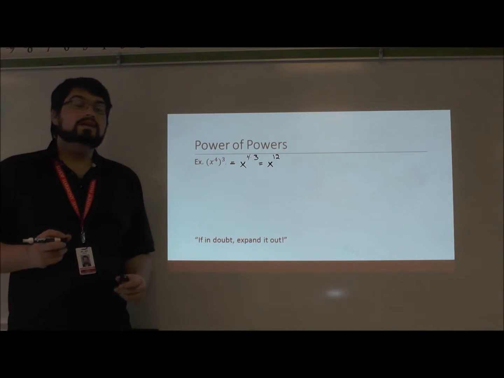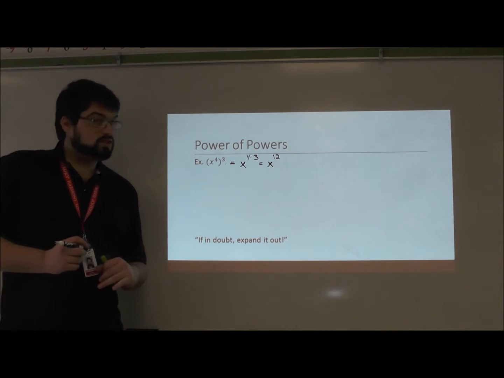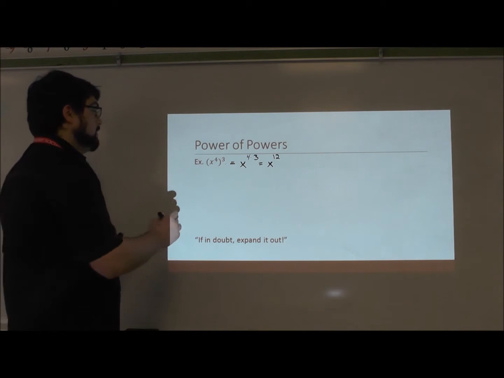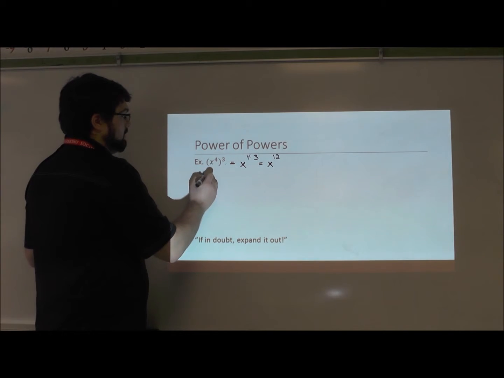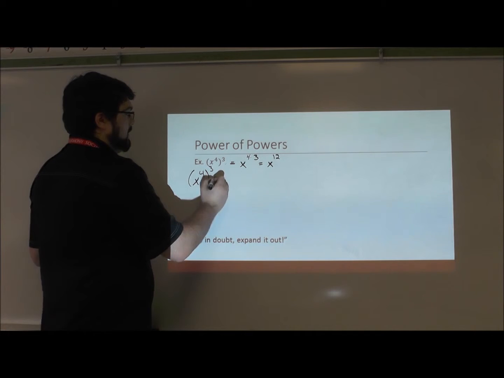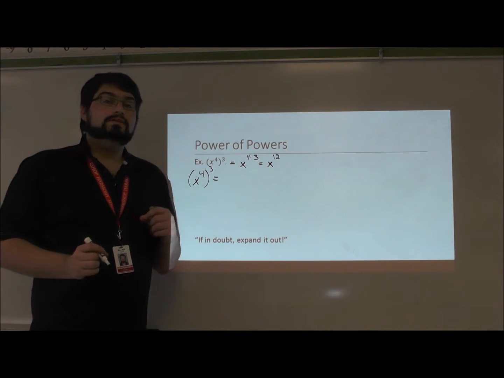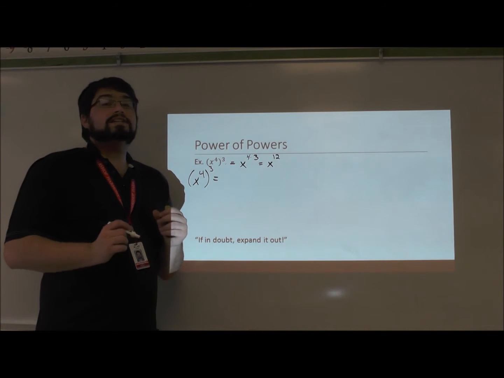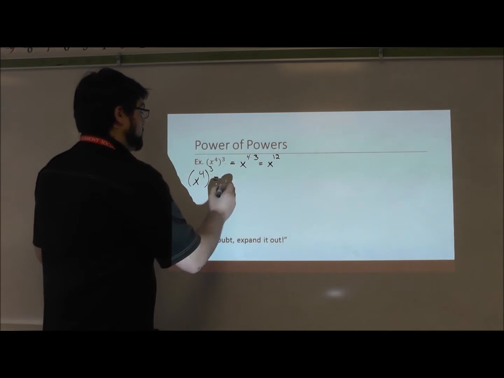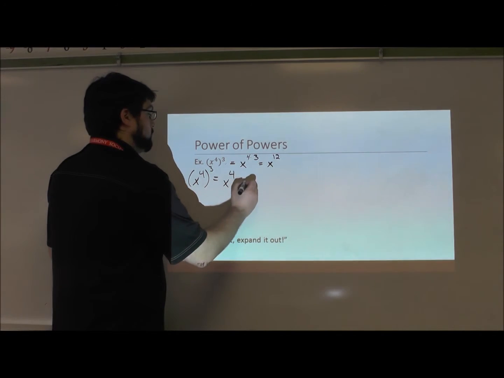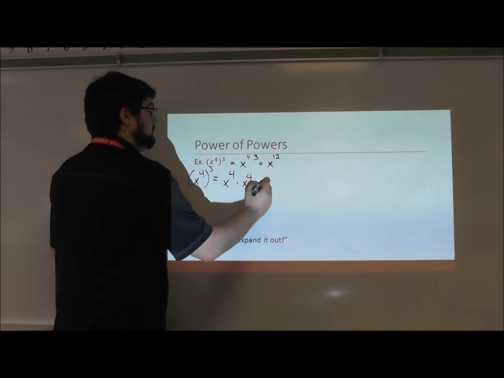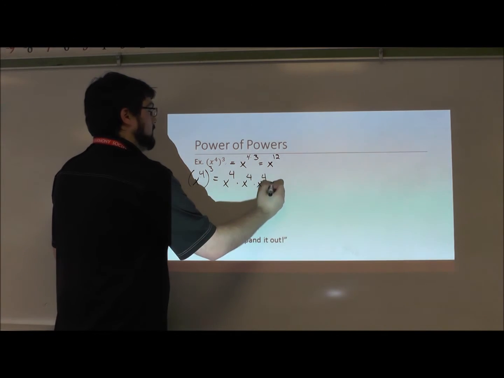That's by the formula, but if in doubt, expand it out. So let's do that. So I'm going to rewrite it here. Now that 3rd power tells me to multiply x to the 4th 3 times. So there's 1, there's 2, there's 3.